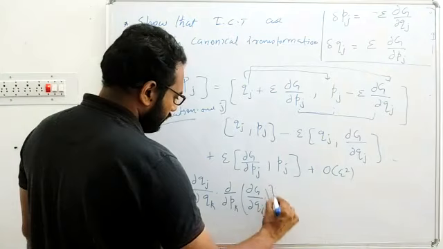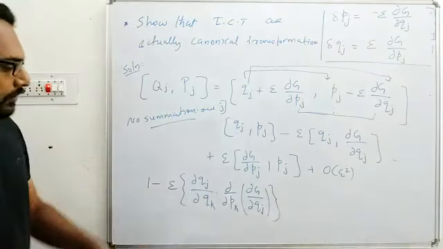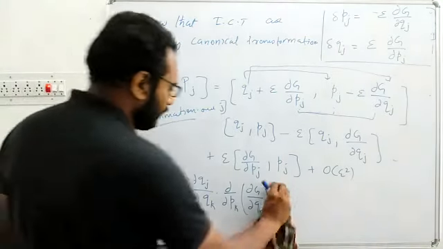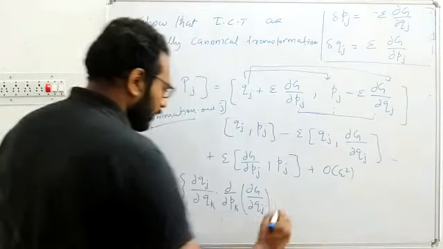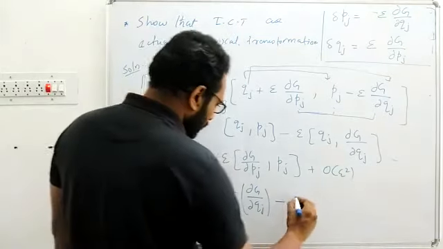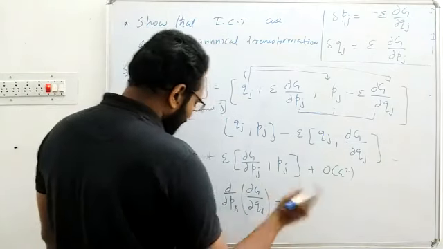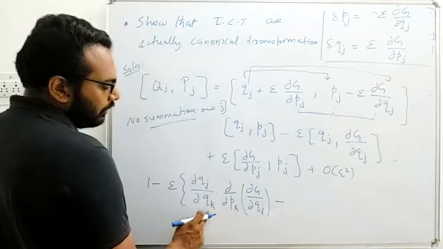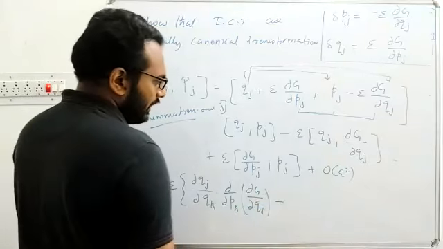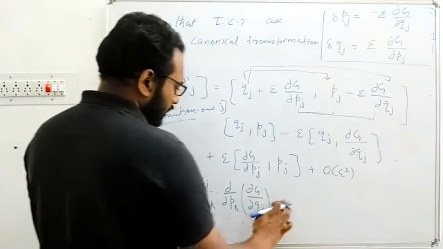That's not all, we have one more term, minus ∂qj/∂pk, but that's 0, because ∂qj/∂pk is equal to 0, so you don't have to write it down.